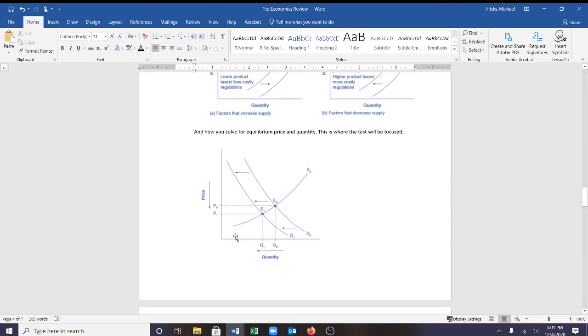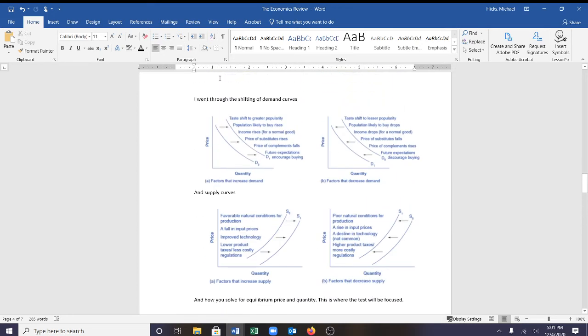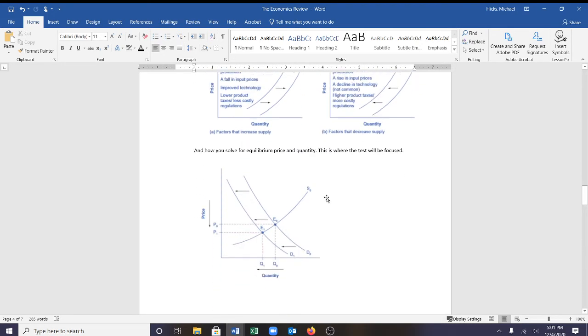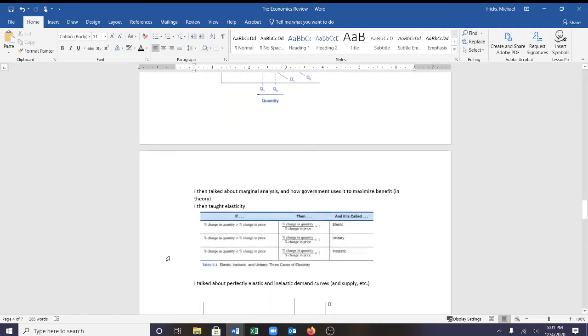And then I would give you an example of one of these shifting, and you would make your own determination whether or not it was a demand or supply side effect given these, and come up with a new equilibrium. And that's really the crux of the supply and demand questions that would appear on an examination, is this solving of supply and demand. I then went into elasticity.